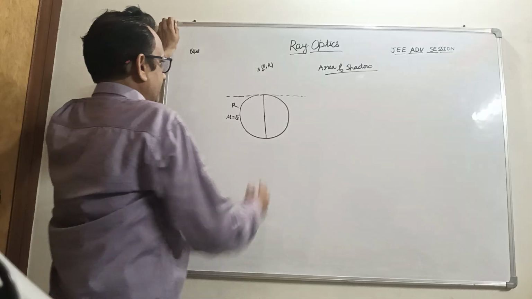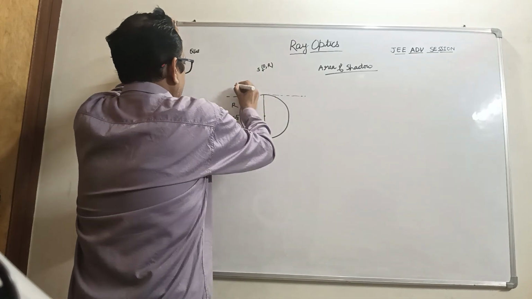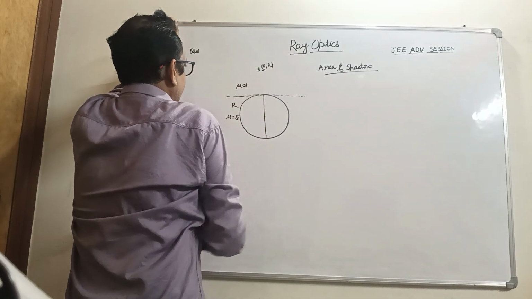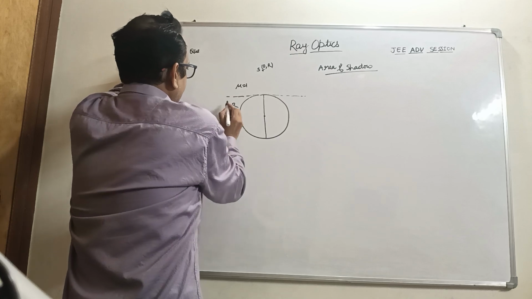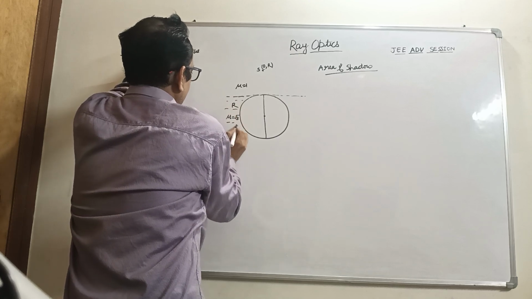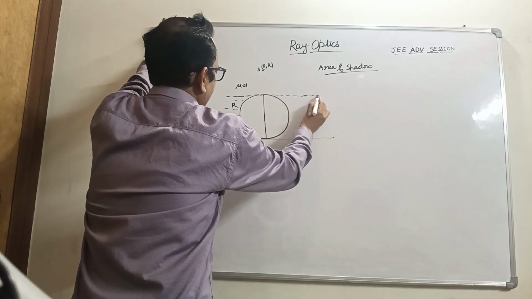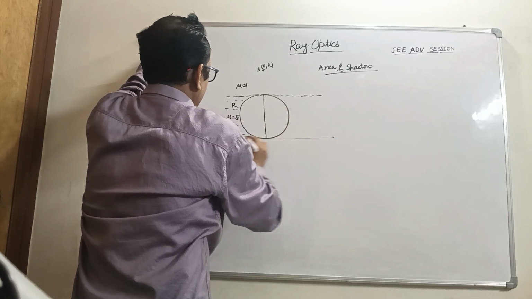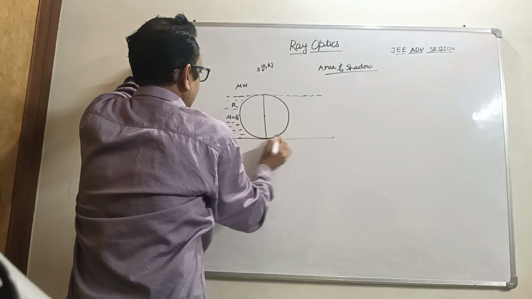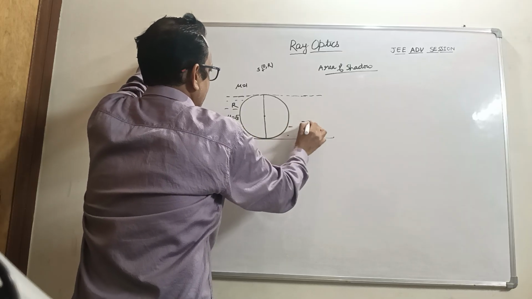So in this scenario, the air refractive index is 1 and here is liquid. The liquid is filled and this is a horizontal surface. This is the bottom. So here the liquid, here also.